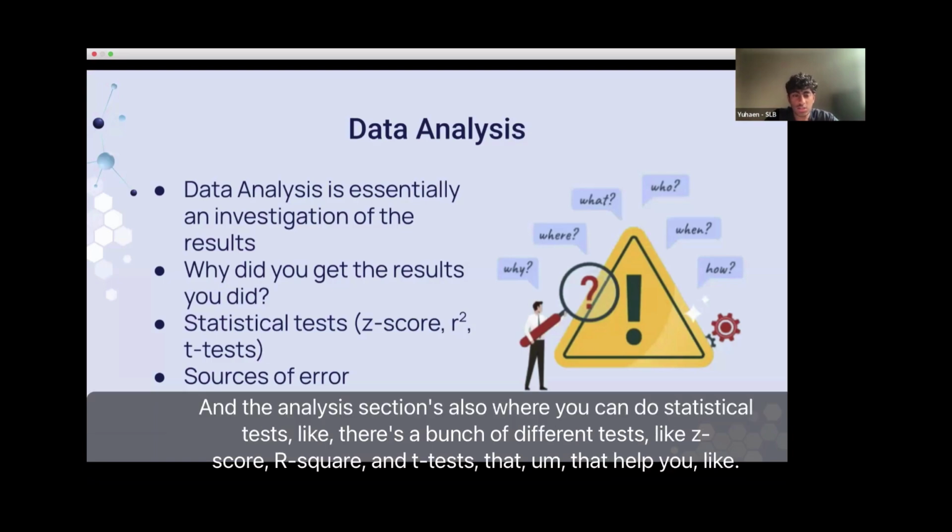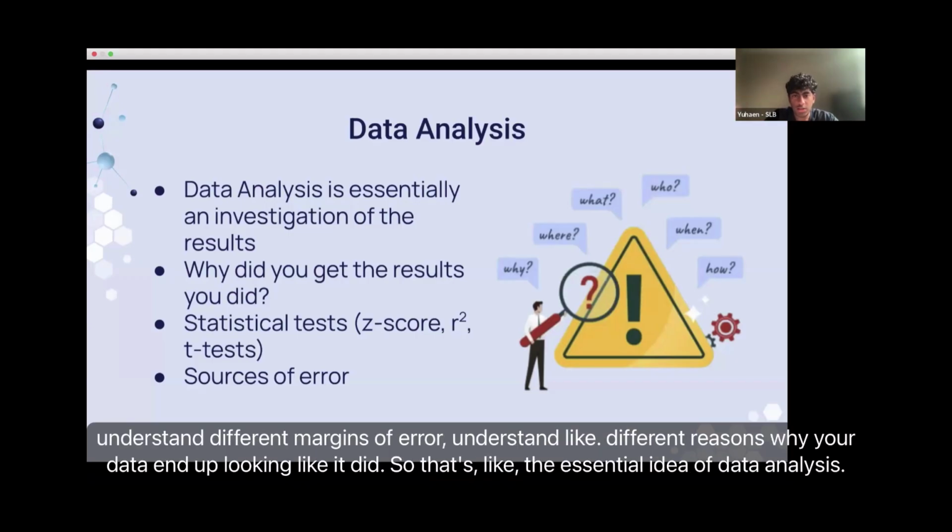And the analysis section is also where you can do statistical tests. There's a bunch of different tests, like z-score, r-squared, and t-tests that help you understand different margins of error, and understand different reasons why your data ended up looking like it did. So that's the essential idea of data analysis.